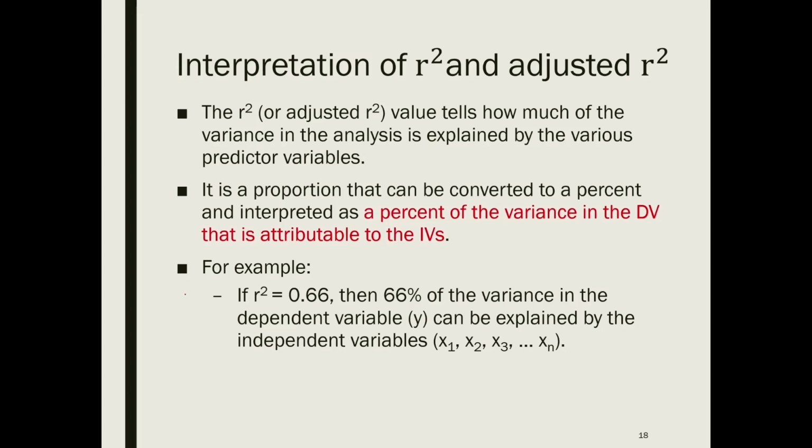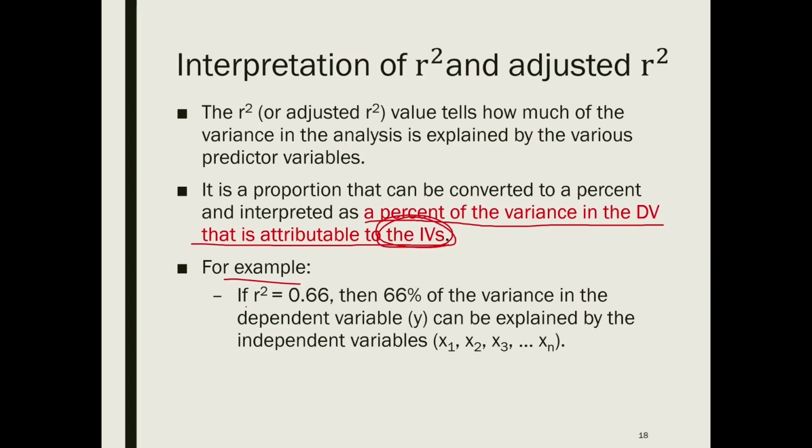So you put a sentence similar to what we did in the correlation. Okay, it is a proportion that can be converted to a percent, interpreted as the percent of the variance in the dependent variable that can be explained by all the independent variables. Okay, that's the R square. So we can just stick to the R square.